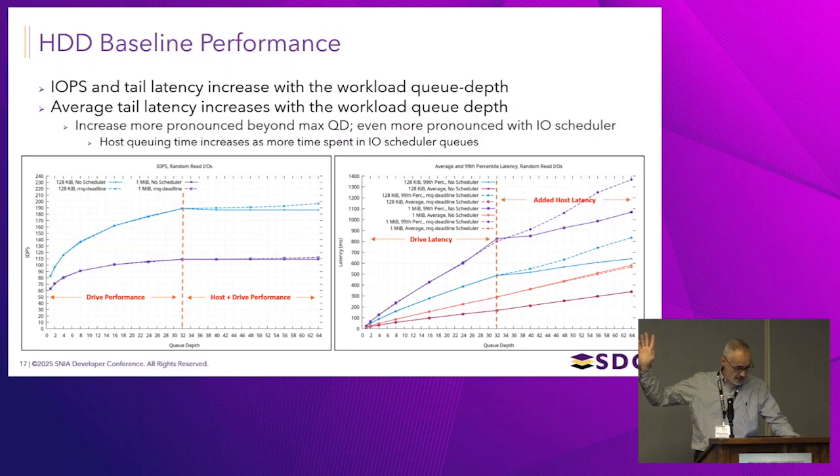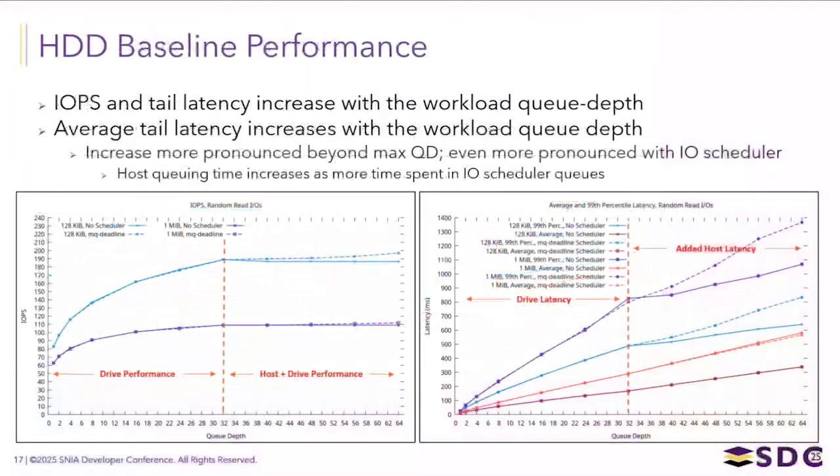This is essentially doing 128K random reads at varying queue depths up to 64. So remember, it's a SATA drive. Max queue depth on SATA is 32. If you go beyond 32, you get queuing on the host, meaning that the left side of the dotted line is the drive working. If you go on the right side, it's the drive plus the kernel.